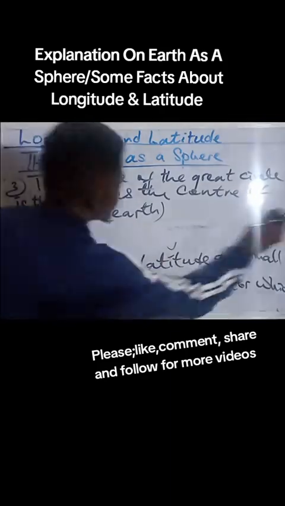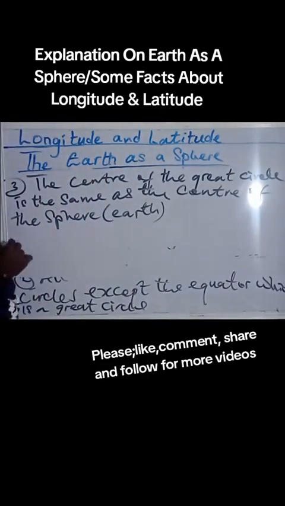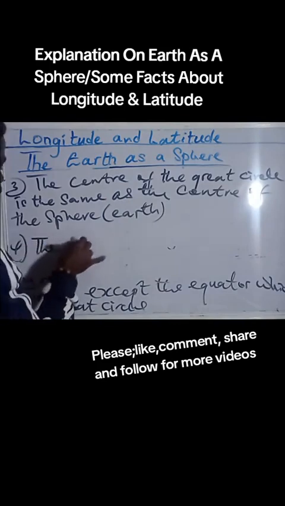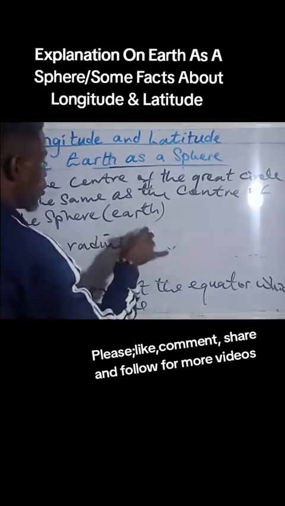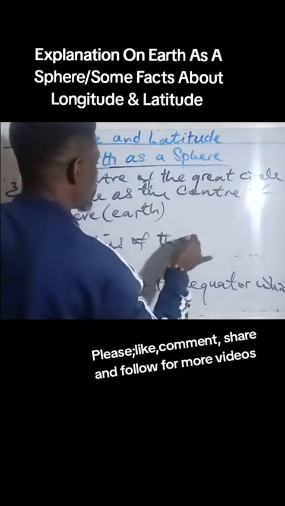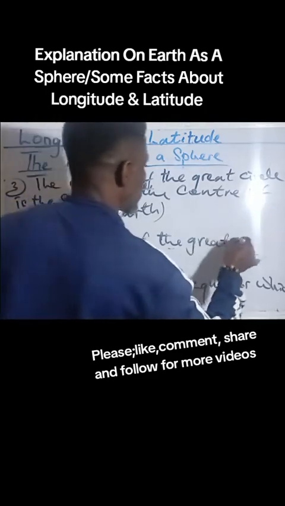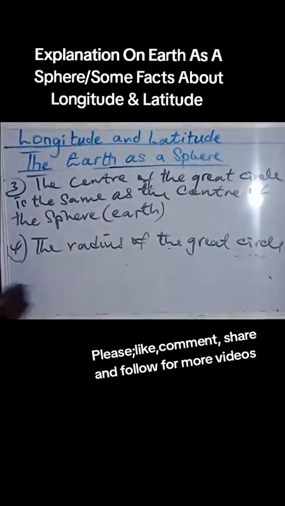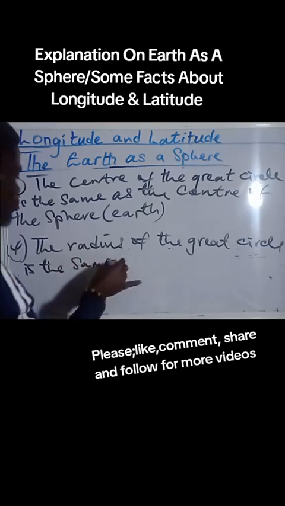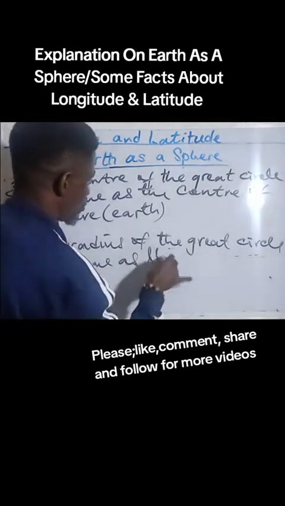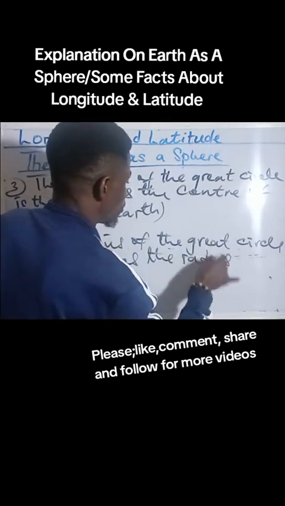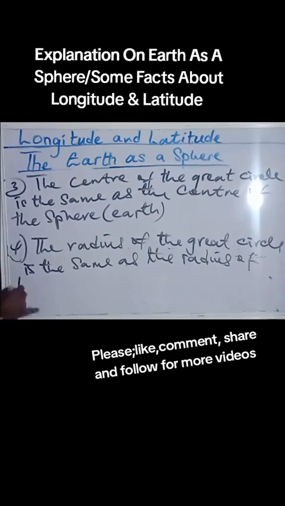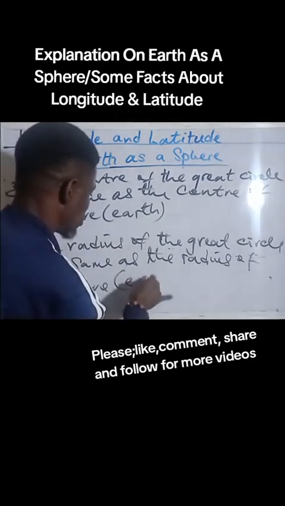Then the last one, the fourth one is the radius of the great circle is the same as the radius of the sphere or Earth.